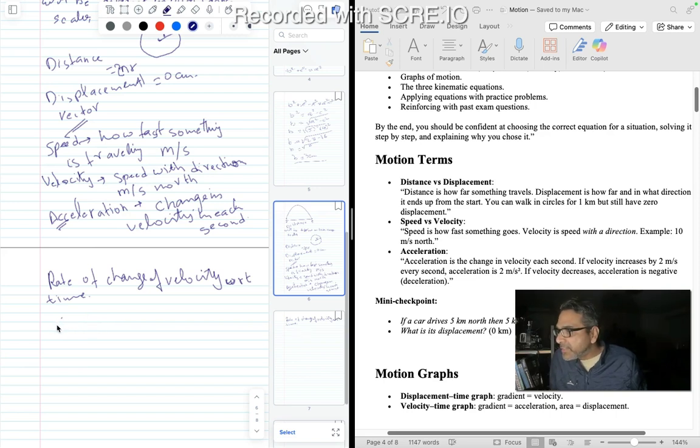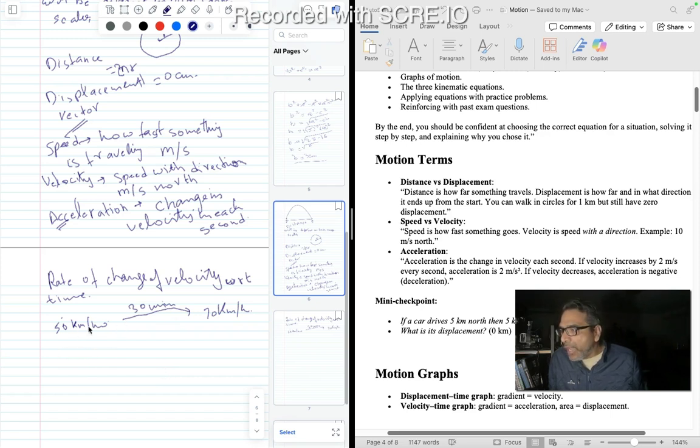Let's say it's starting from here, it's 50 kilometer per hour. Okay, after t time, like let's say 30 minutes, right? It's now traveling in the same direction at 70 kilometer per hour, right?